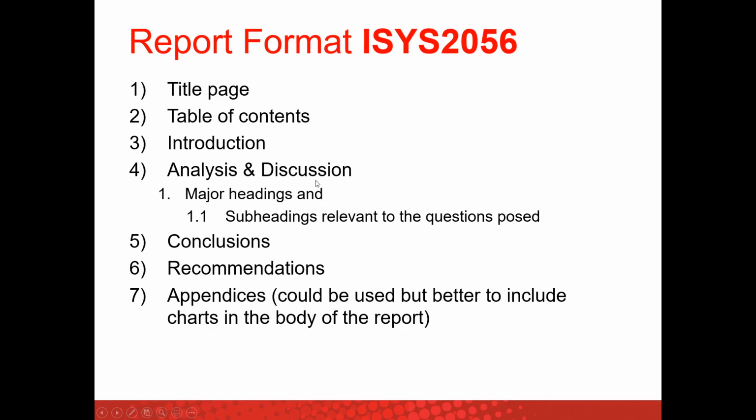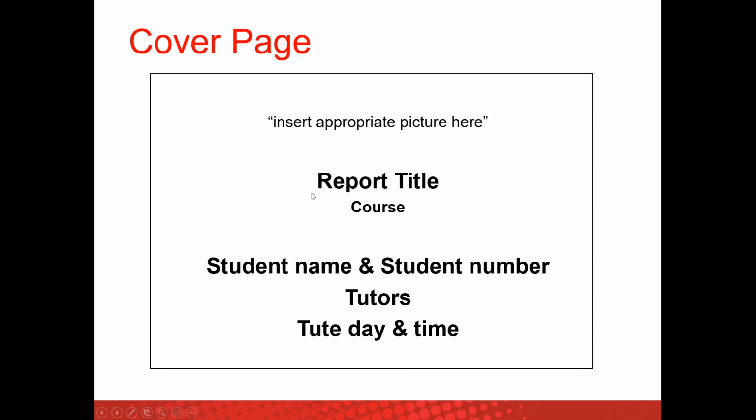Right? All right, so what's the first part of this assignment? It says title page. They've changed it here to the cover page, which is basically the same thing. It's the title page of your report, and in the assignment, I'm pretty sure they've made it mandatory to insert a picture up the top.